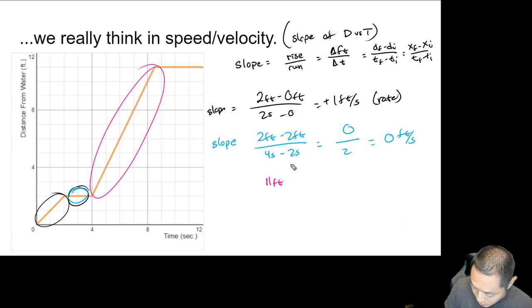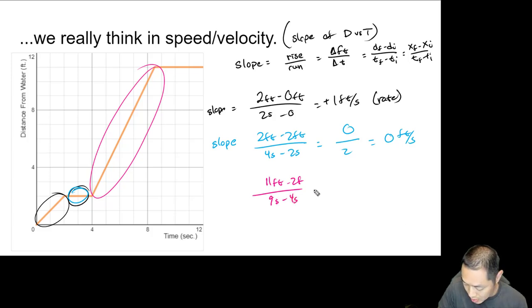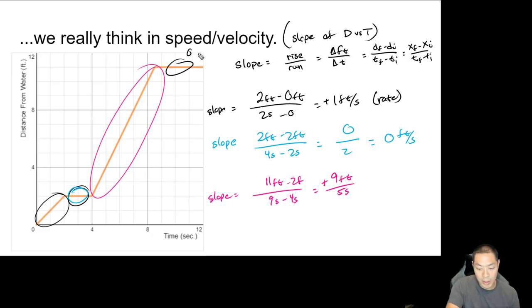Initial was 2 feet. The time change was 4 seconds to, I'm just going to round it off to 9. 9 seconds minus 4 seconds. And you get 9 feet over 5 seconds. Okay, so that's right here, and this one's also positive. This one really quickly, you could just see this is 0 feet per second.